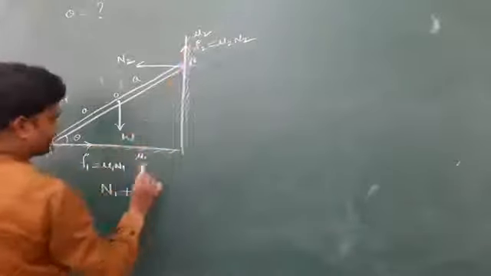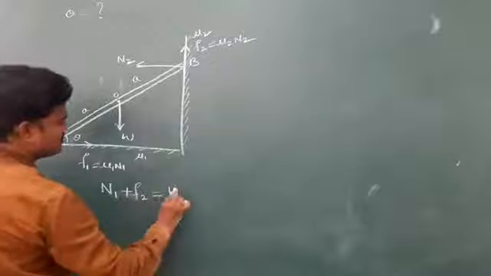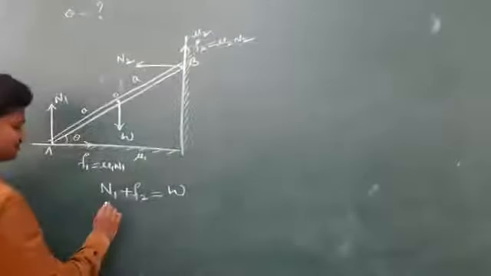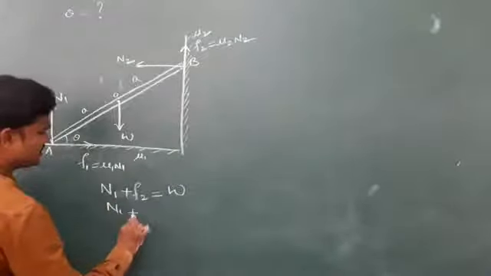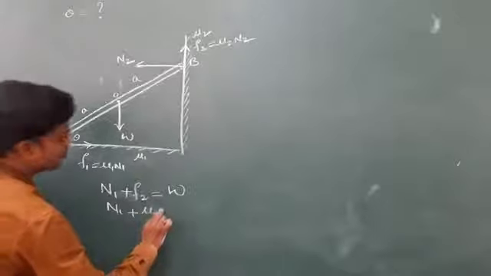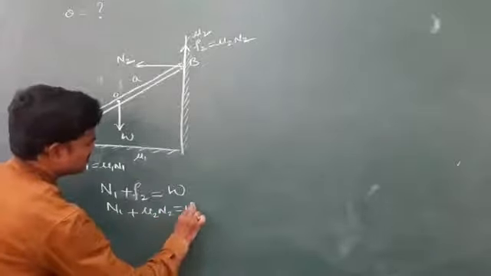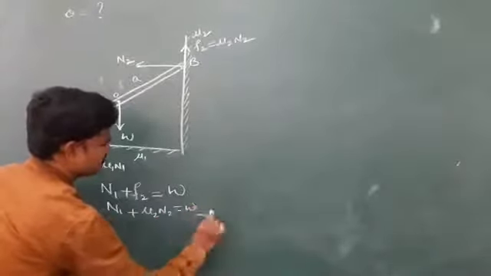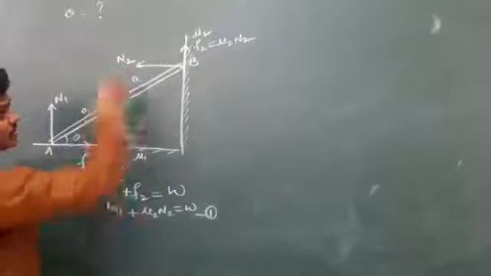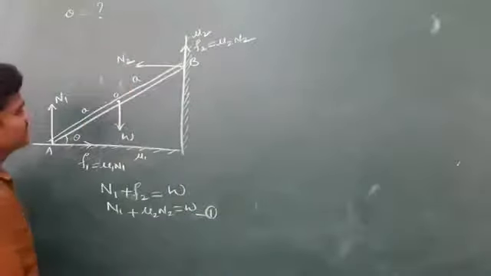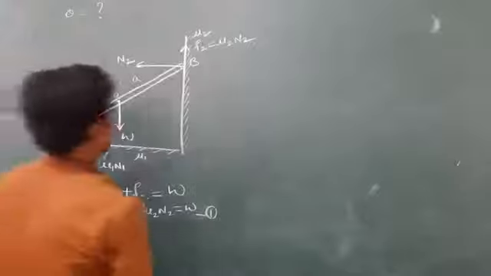N1 is an upward force, and this is also F2, which is equal to W. So N1 plus F2, mu2 N2, is equal to W. That is equation 1, upward forces equal to downward forces. Now left side forces are equal to right side forces.